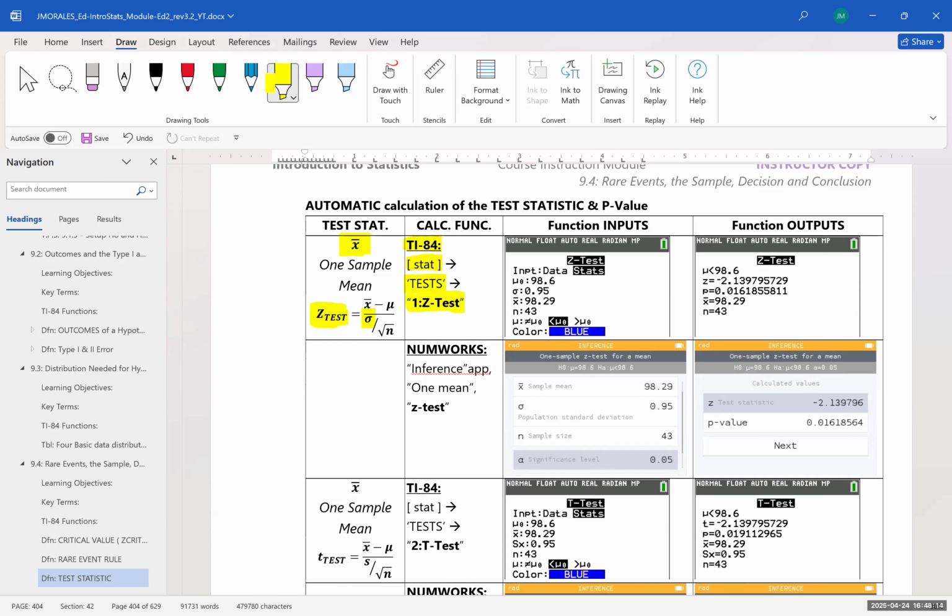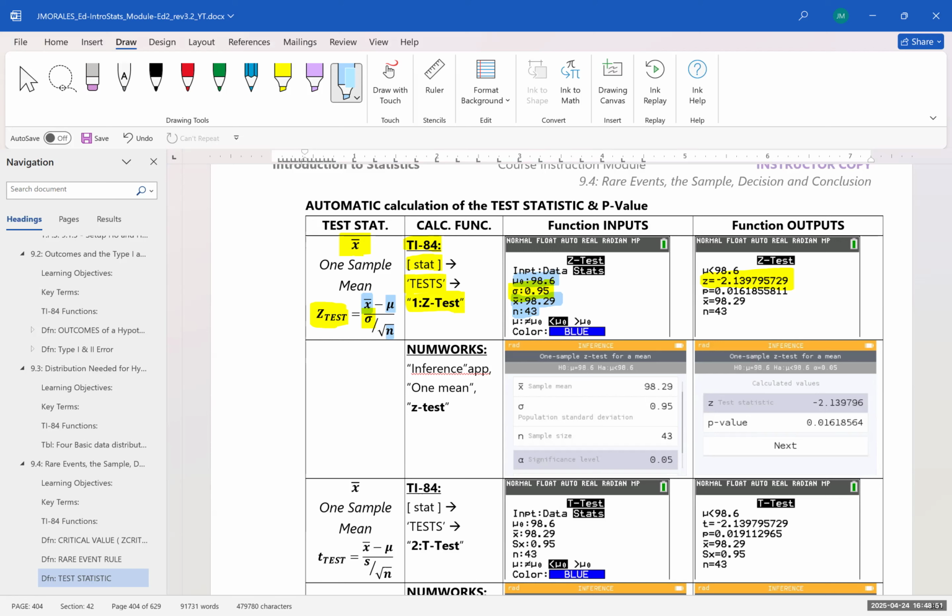And when you run a z test, it will give you your z test statistic right there. And you'll notice that this function takes as an input this population standard deviation right here. It takes the sample mean right there. It takes the sample size right there, and it takes the population mean right here.